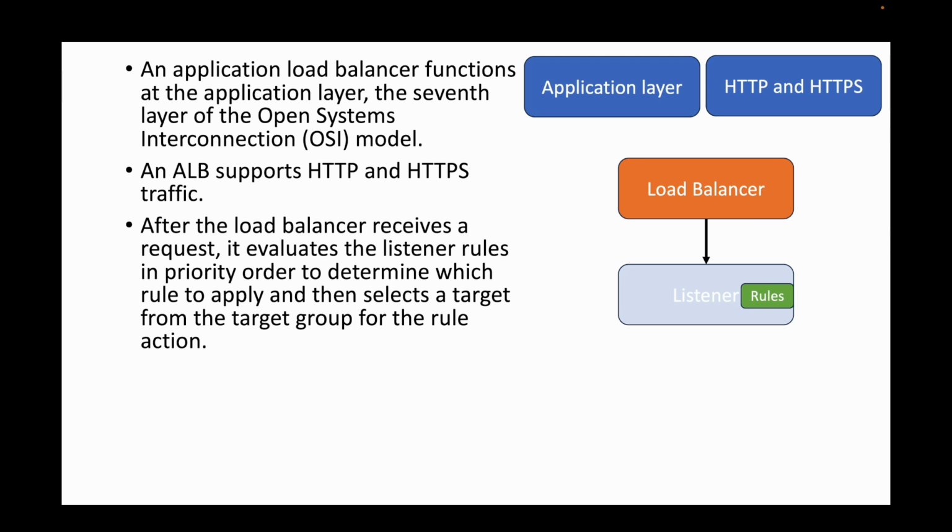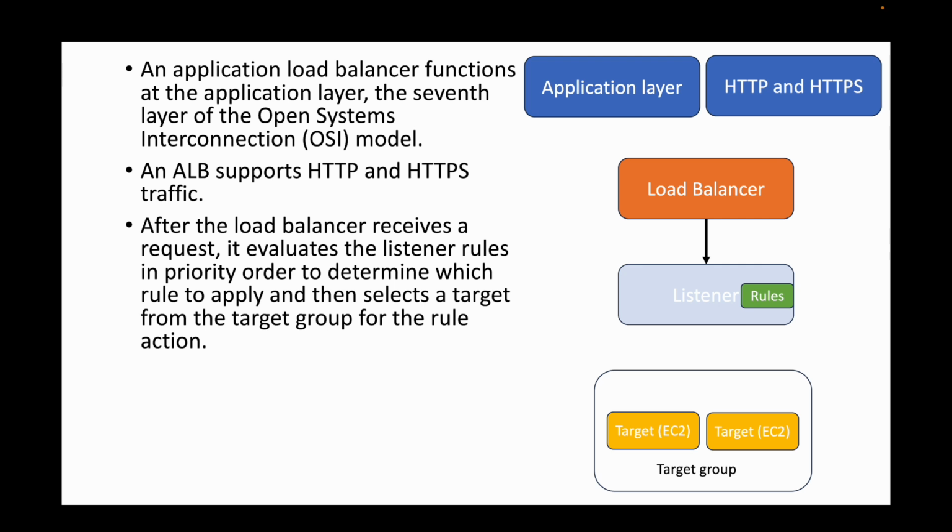Here your listeners would check whether the request is HTTP traffic or HTTPS traffic. It will evaluate that, determine which rule to apply, and then forward your request to a target group. Now, what is a target group? A target group is simply a collection of targets where the request needs to be routed. In this case, it will be your EC2 instances.